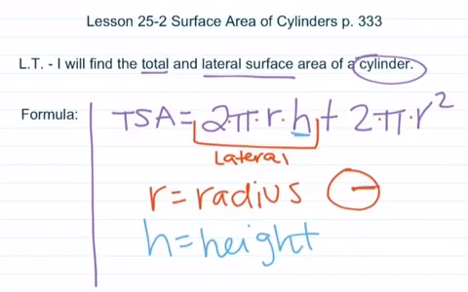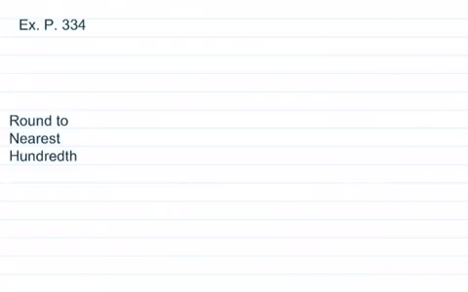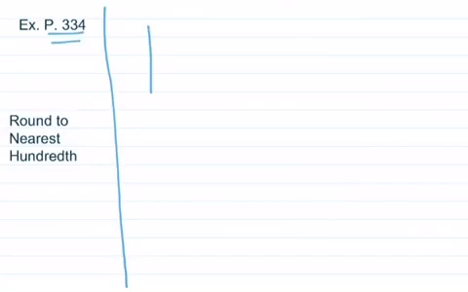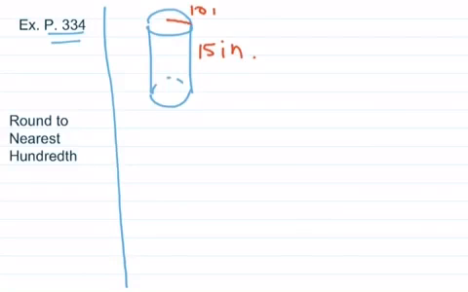Okay, so we're going to do an example together to find total and lateral surface area, and this example is from page 334. So I'm going to draw out our cylinder here. Okay, we're going to say this is 15 inches, and then I'll say our radius here is 10 inches.